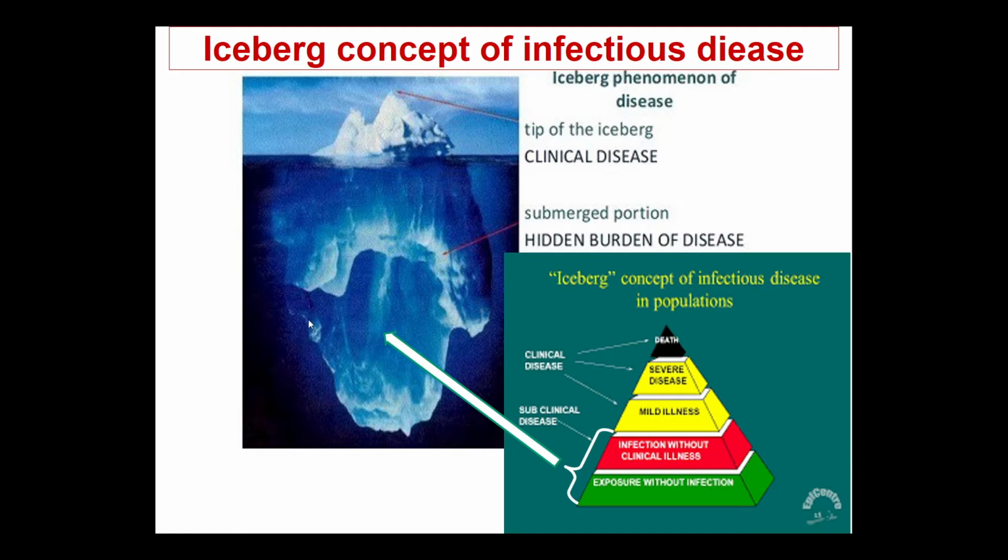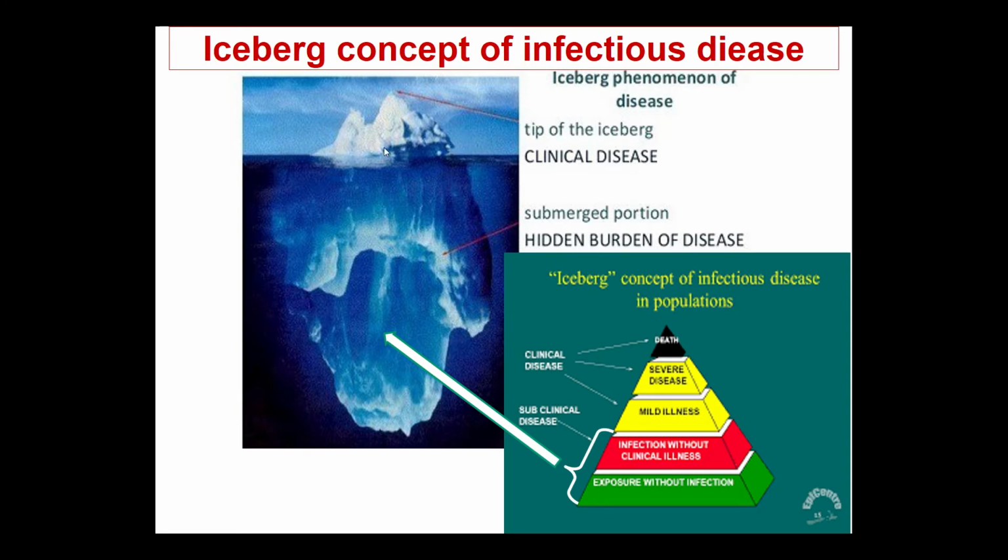The lower part of the iceberg, the larger, submerged portion, is a situation where hosts may be infected, but clinical manifestations are not visible. The whole iceberg may be considered as the mass of infected hosts, for example, people.